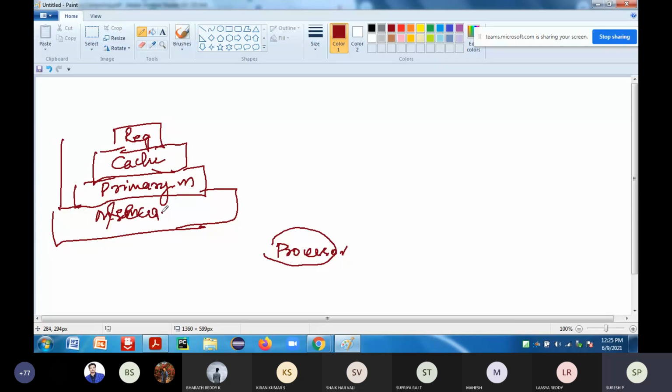When the processor wants to execute an instruction, first it will look into the register. If it is not there, next it looks in the cache. If the data is not in the cache, next it looks into the primary memory. If it is not there either, it has to look into the secondary memory.